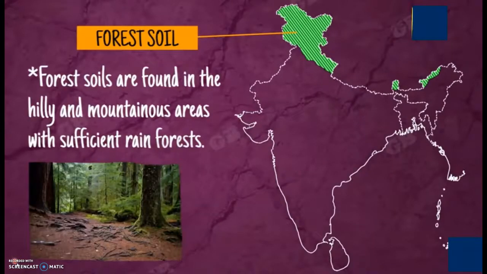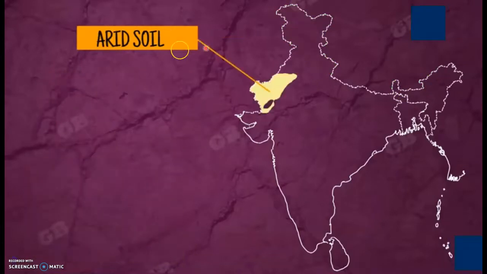Forest soils are found in the hilly and mountainous areas with sufficient rainfall. Forest soils are found in Jammu and Kashmir, Himachal Pradesh, Ladakh, Sikkim and Arunachal Pradesh. Then next you have to study arid soil.